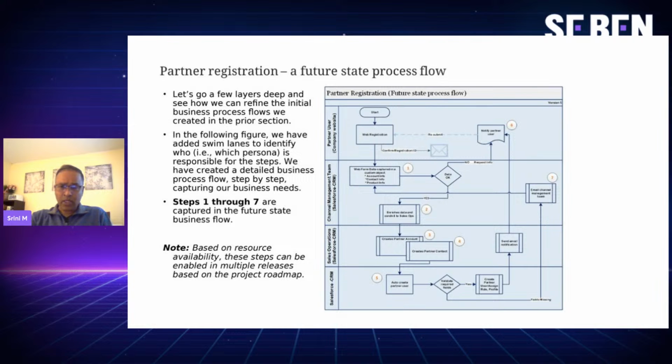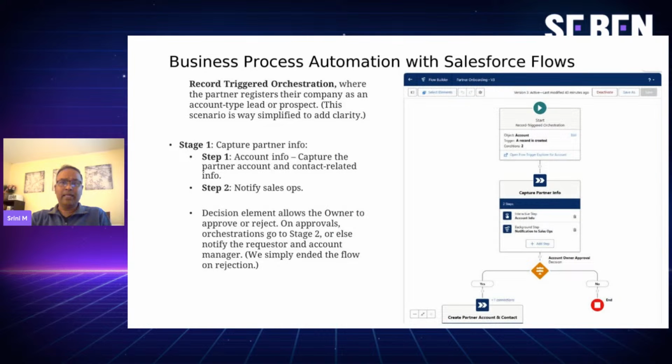Okay. So once we have an agreed document, of course, you need to create it. I implemented this as part of a record trigger orchestration. As I told you, orchestration uses steps. The first step is when an account is created.